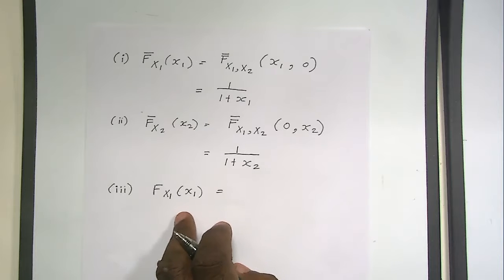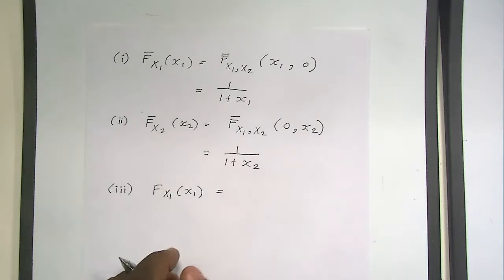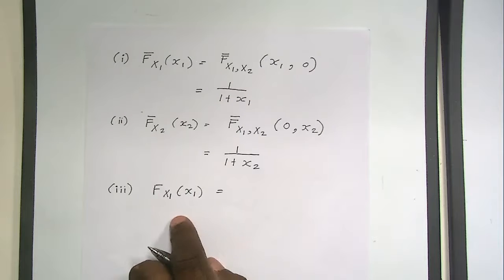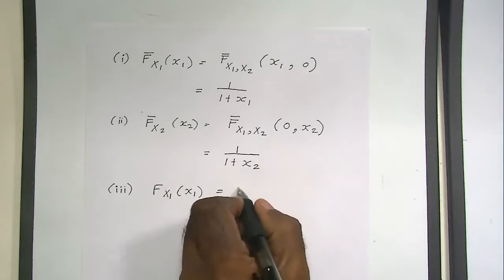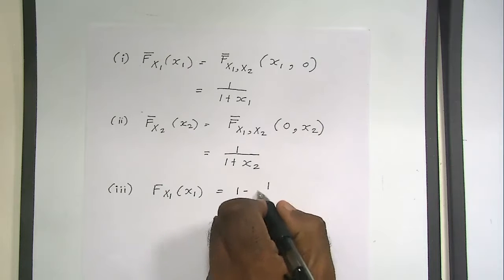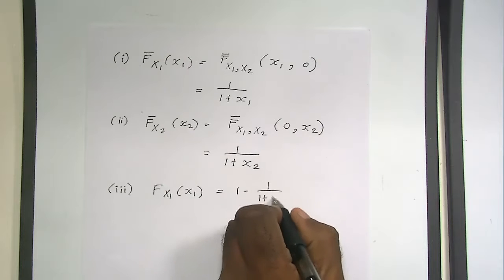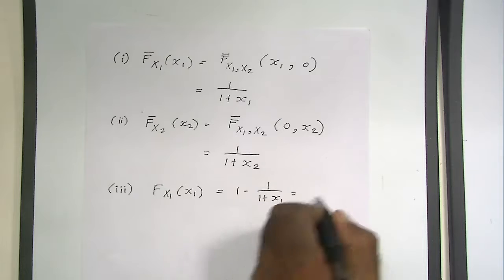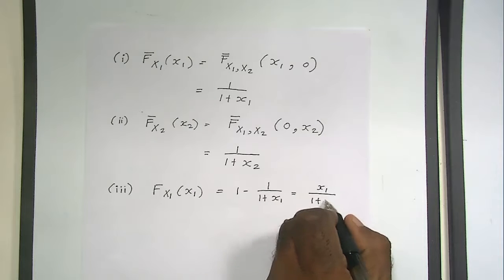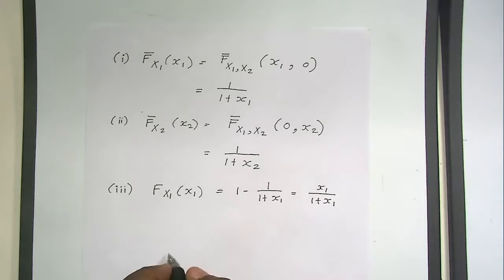The marginal CDF of x1 and the marginal survival function of x1 should add up to 1. So what would this be? This would be what? Which is x1. Okay.